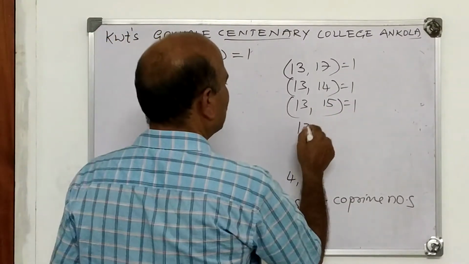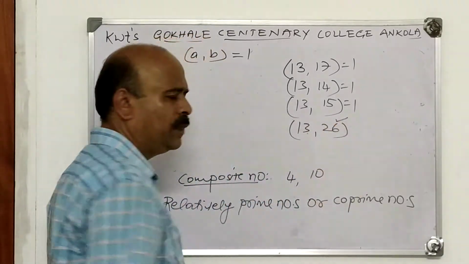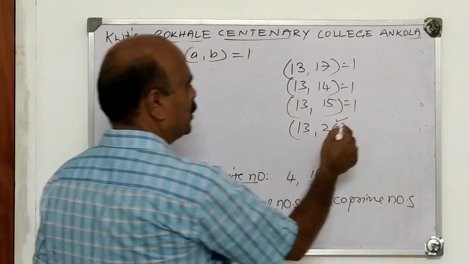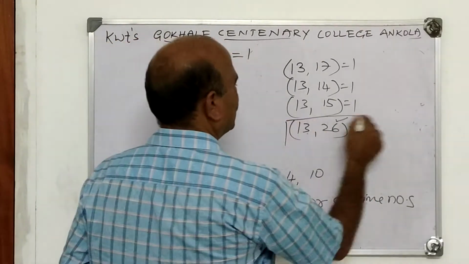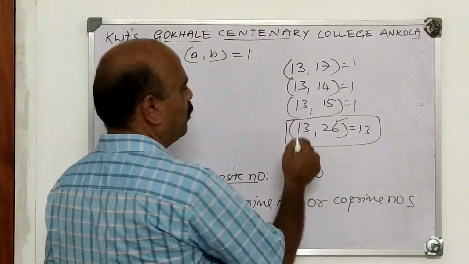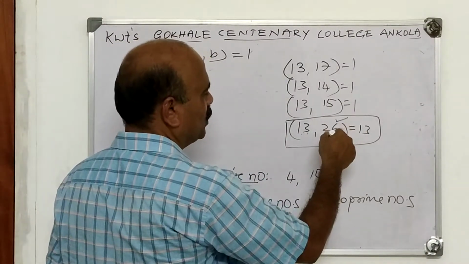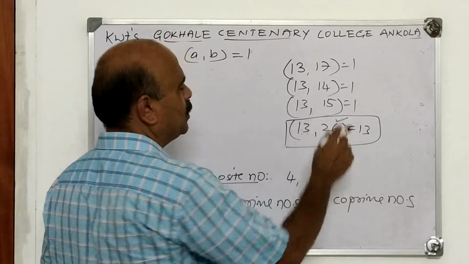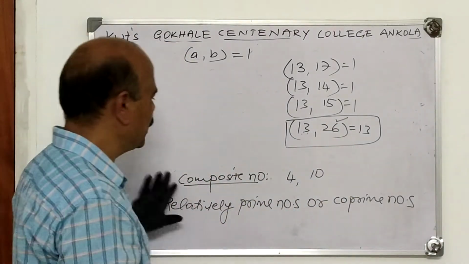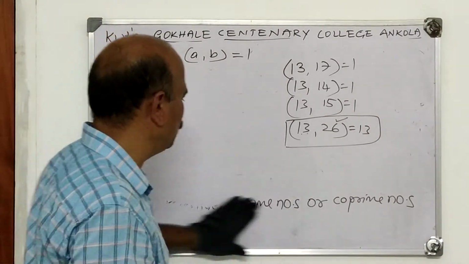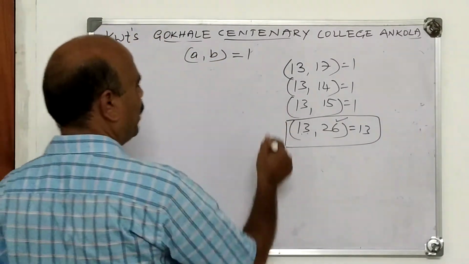But 13 is not relatively prime to 26, because what is the GCD of this? 13. 13 and 26 are not relatively prime. But 13 is relatively prime to all other positive integers except multiples of 13. These are examples for co-prime numbers or relatively prime numbers.